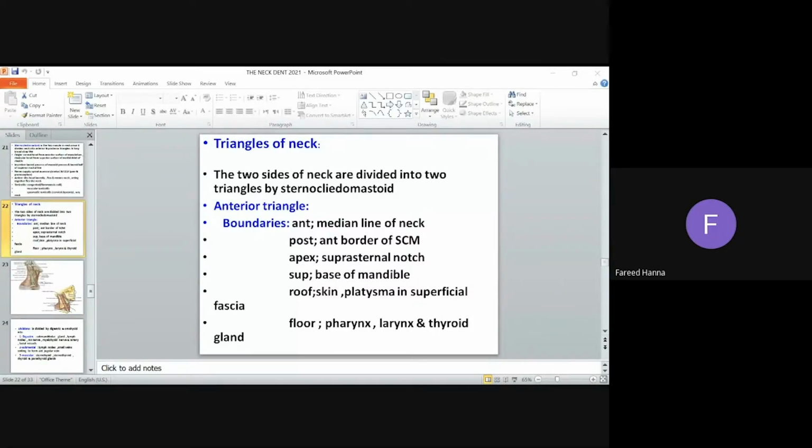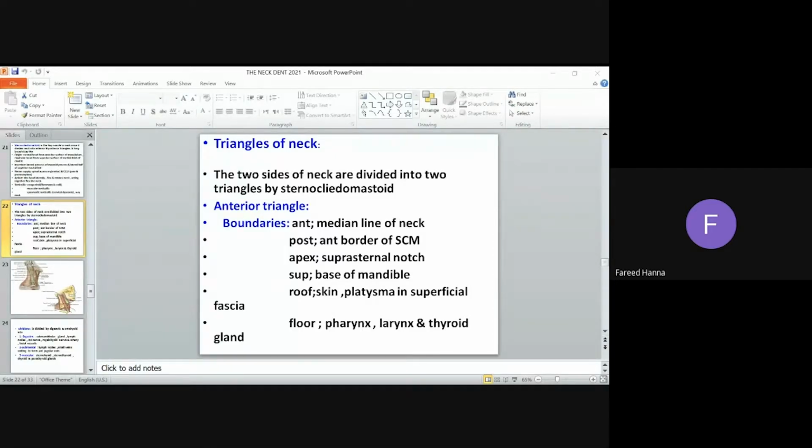An anterior triangle, which is bounded by anterior median line, from the base of the mandible, anterior median line, till the middle of the manubrium sterni. Then the base of the mandible and the stylomandibular ligament. This is the upper border of it, and then you have the anterior border here of sternocleidomastoid. These boundaries form the boundaries of the anterior triangle of the neck.